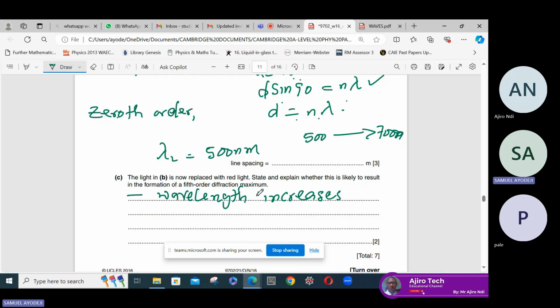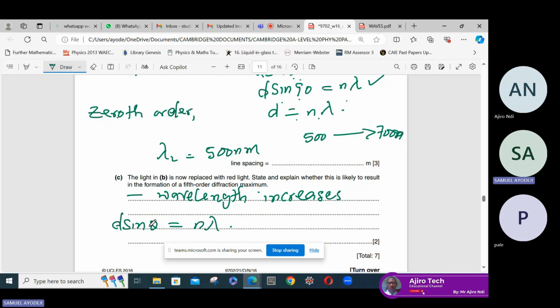If the wavelength increases, and you are looking for fourth order, whether it's going to give you fifth order, how do we know whether the fifth order is possible? Go and look for the angle theta from the formula. Don't put 90; just look for theta and lambda.